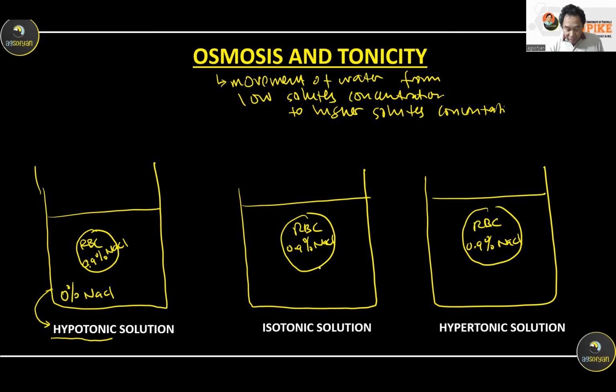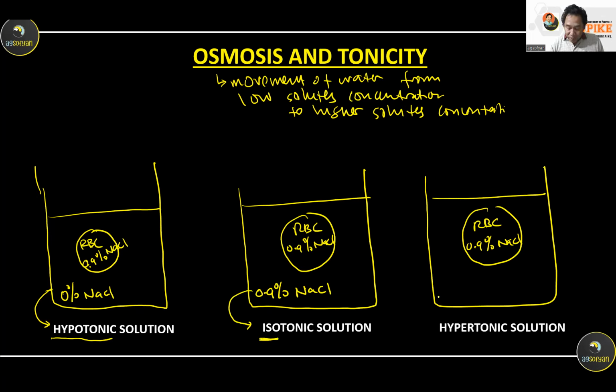In the second container, we put 0.9% sodium chloride. It means this solution has the same concentration of sodium chloride as the red blood cell. Therefore, we call this an isotonic solution. Iso means the same.